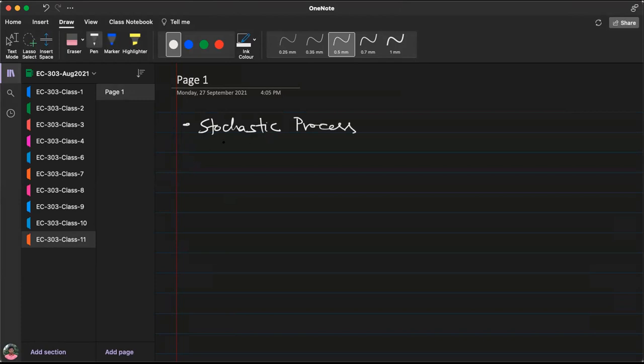So the thing is, okay, let me just add a few caveats before I go forward. Okay, stochastic processes are mathematically quite challenging. So you need to have a good understanding of what probability is, and a certain basic structure of probabilities, and then comes the idea of stochastic processes.